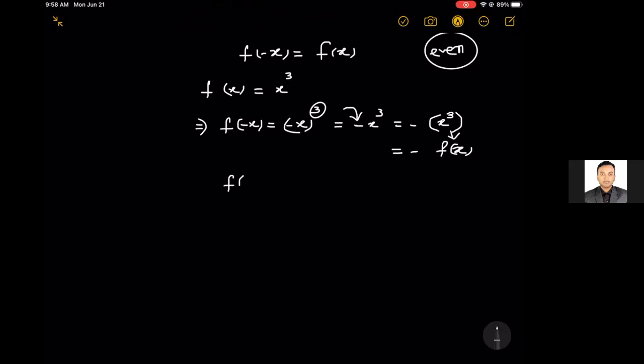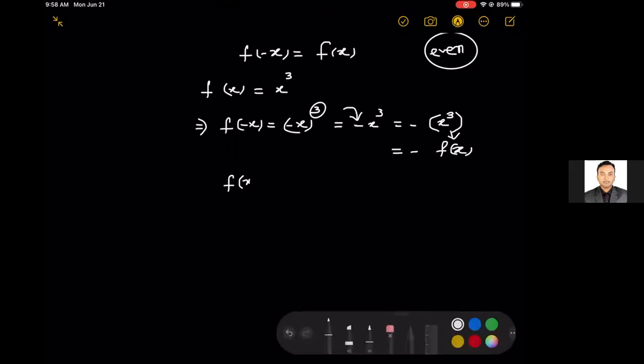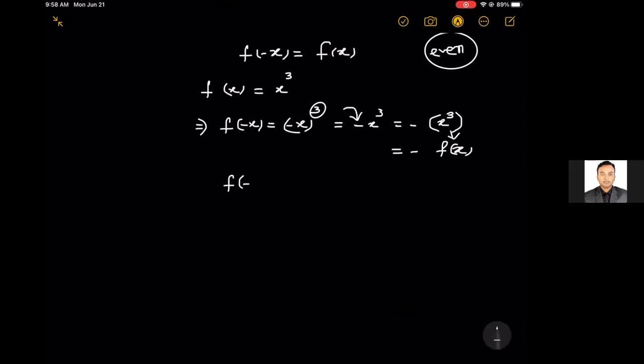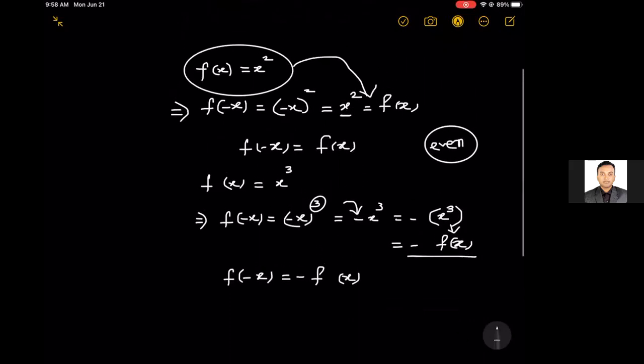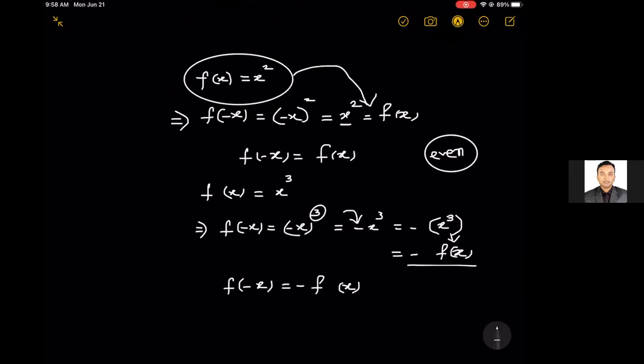So from this, f of negative x is actually giving us negative f of x. We define it as an odd function. Any question from this? No questions at all?